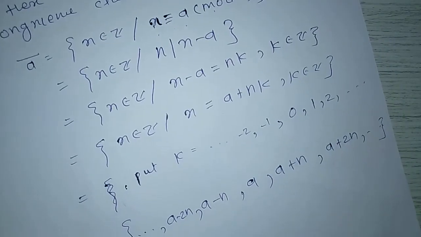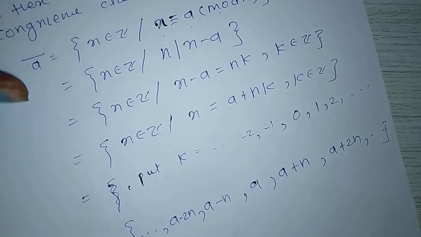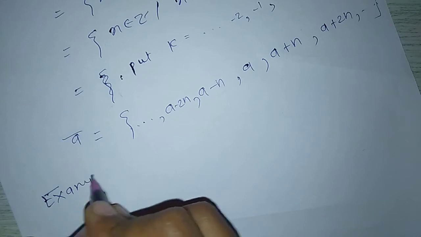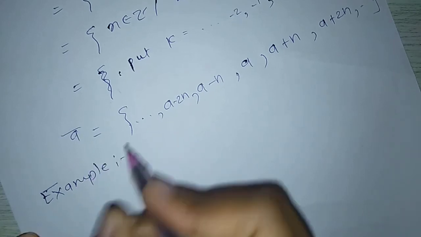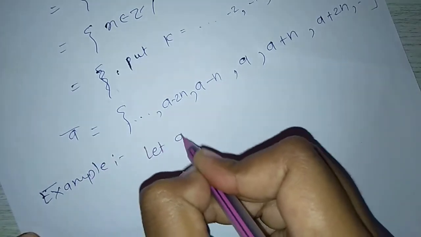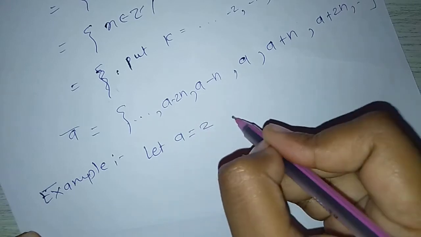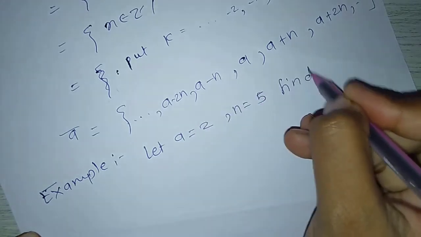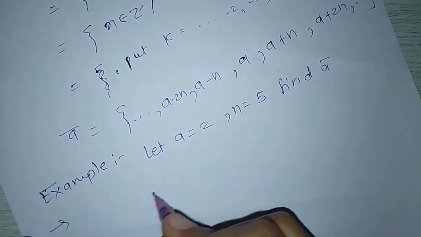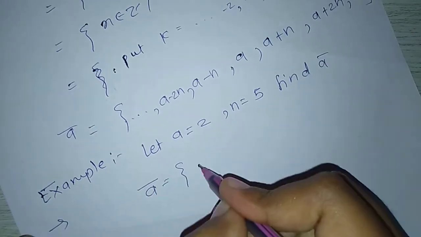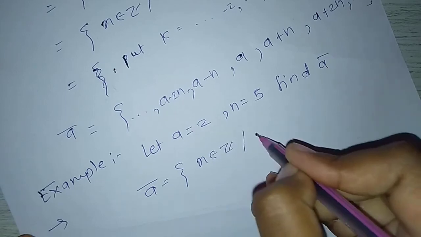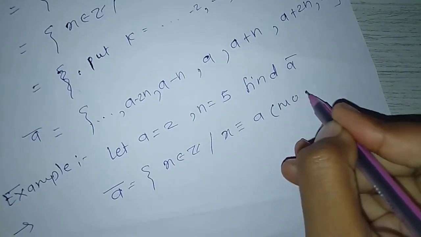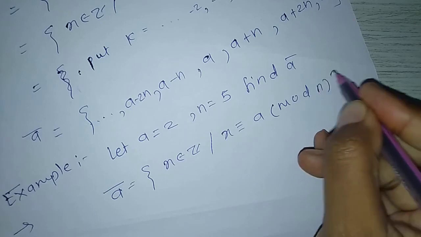let a equal to 2, n equal to 5, find a bar. We have a bar equal to x belongs to Z such that x is congruent to a modulo n.